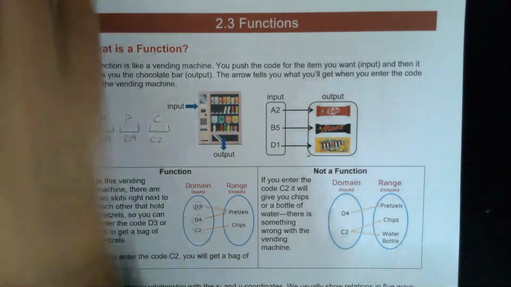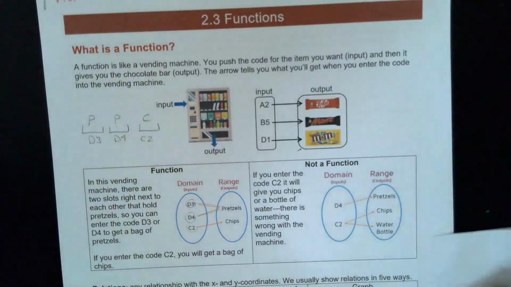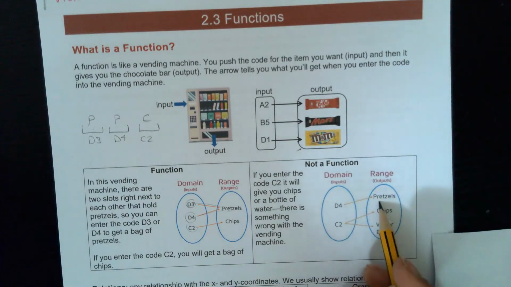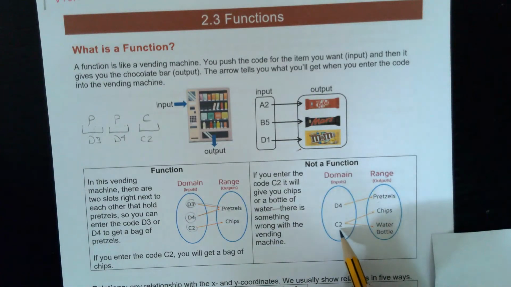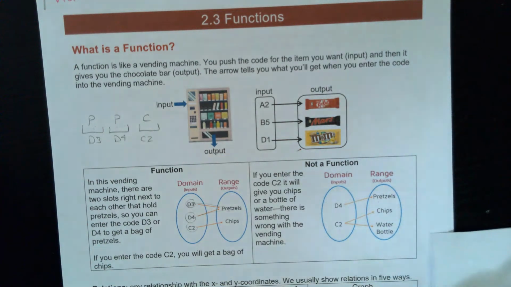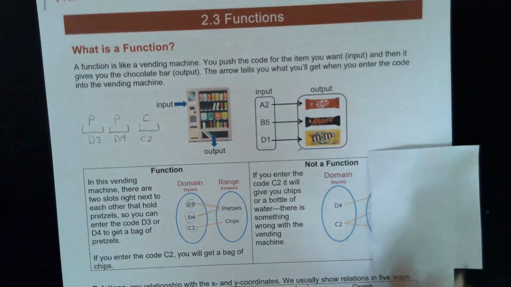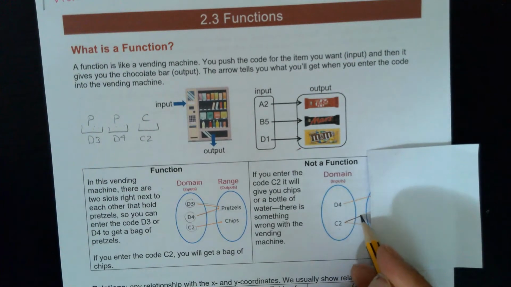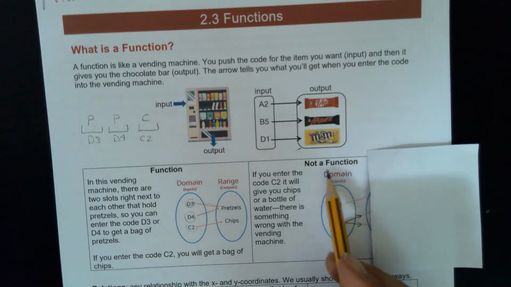But if I look at this one over here, I push D4, pretzels come out. But if I push C2, chips come out and a water bottle comes out. Two things come out. So that's not a function.